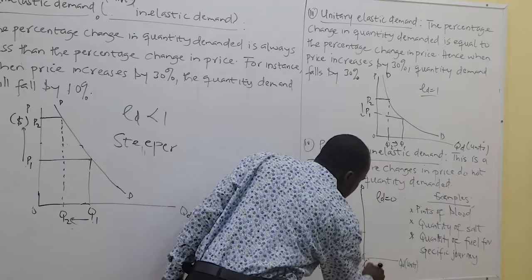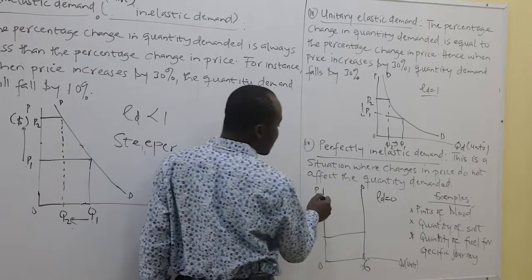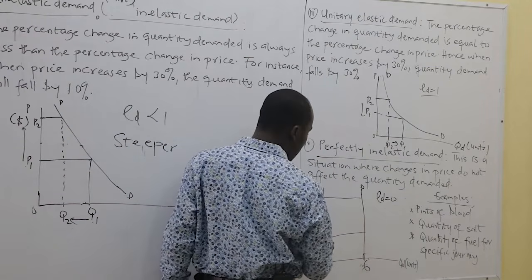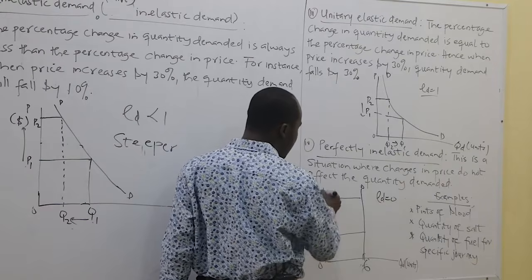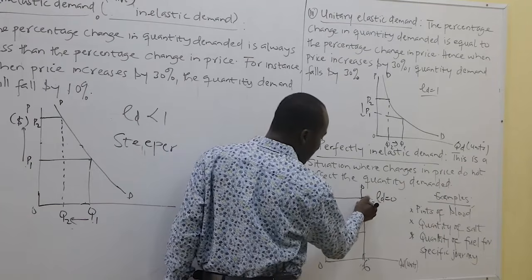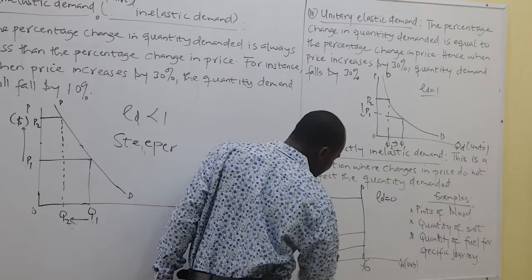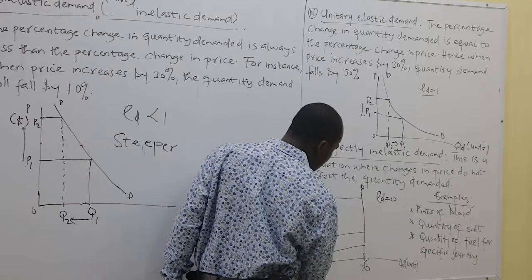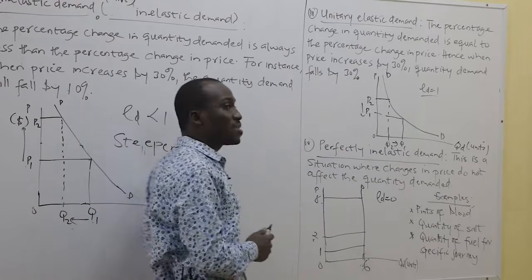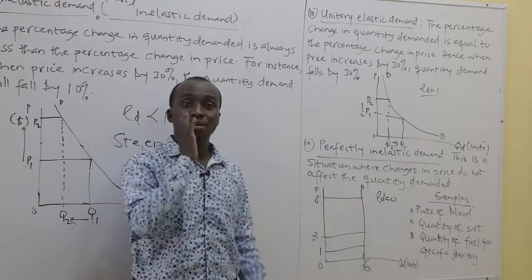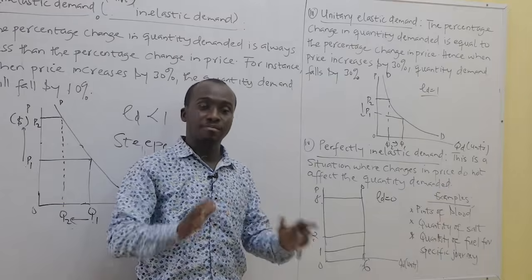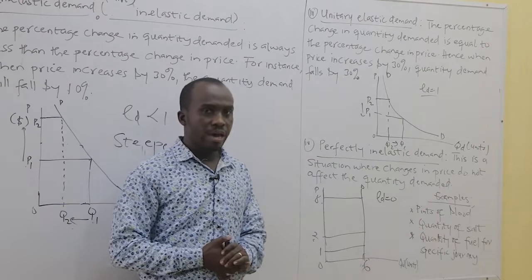If it's 6, it's still 6. The price increased, let's say the price was 2, it increased to 8. Still demand is fixed, it is 6. The price reduced to 1, still demand is fixed. So whether price increases or decreases, people's demand for that product is the same. It remains fixed.